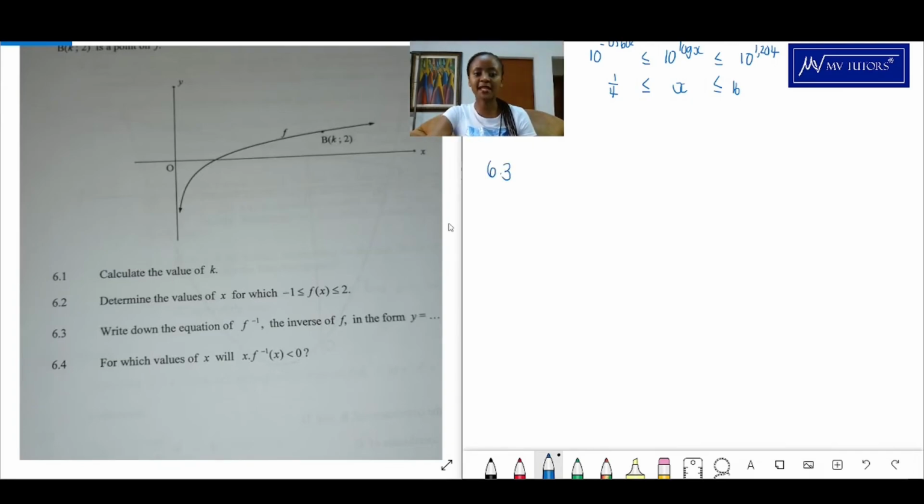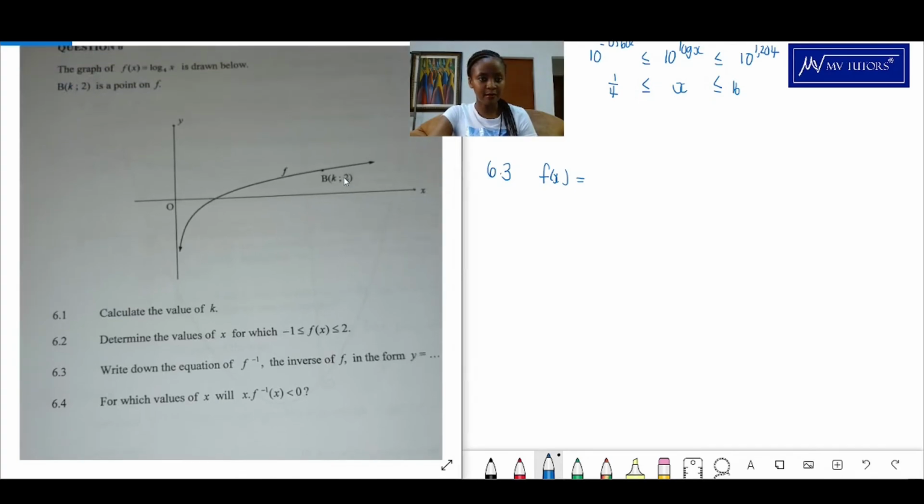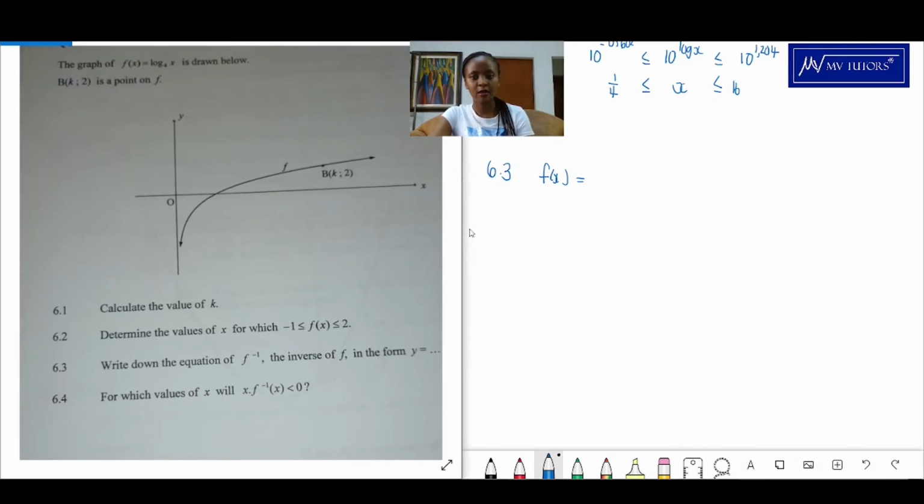It says write down the equation of the inverse of f, in the form y is equal to. So we know that f is equal to log base 4 x, log x base 4, however you want to say it.